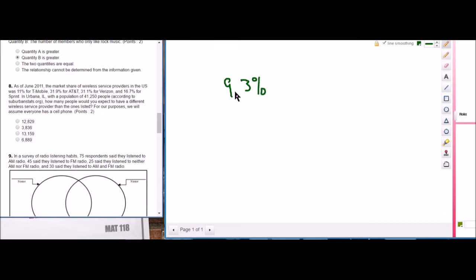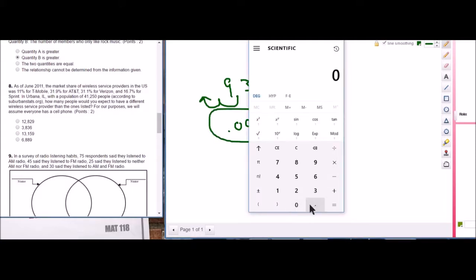Now, to make that an actual number to use, move that decimal two times, so that's 0.093. Remember, I'm dealing with percents, but to use it as a number to work with, we move the decimal twice. So we have the percentage, 9.3%, times the whole, 41,250.